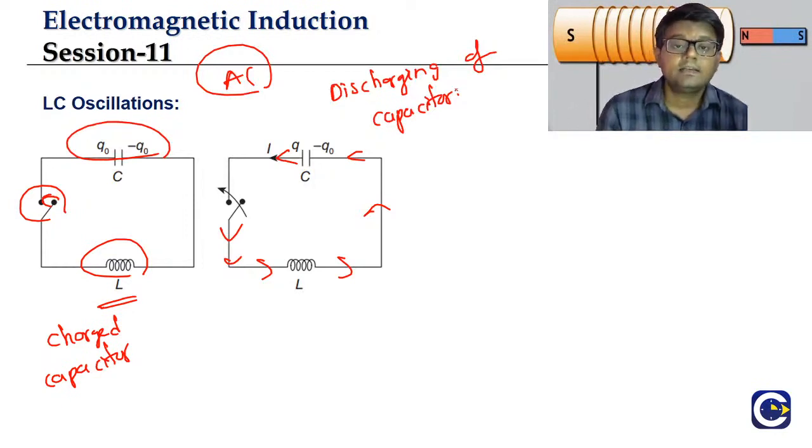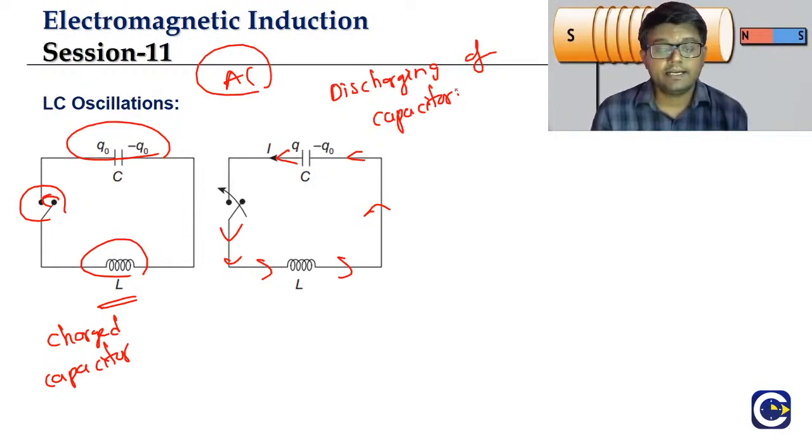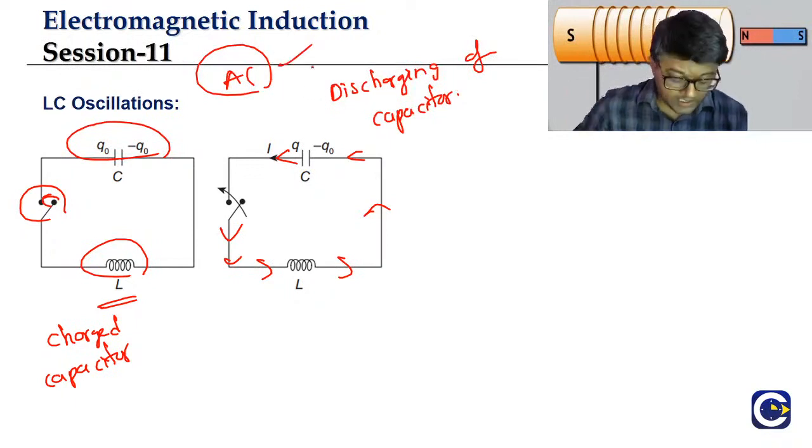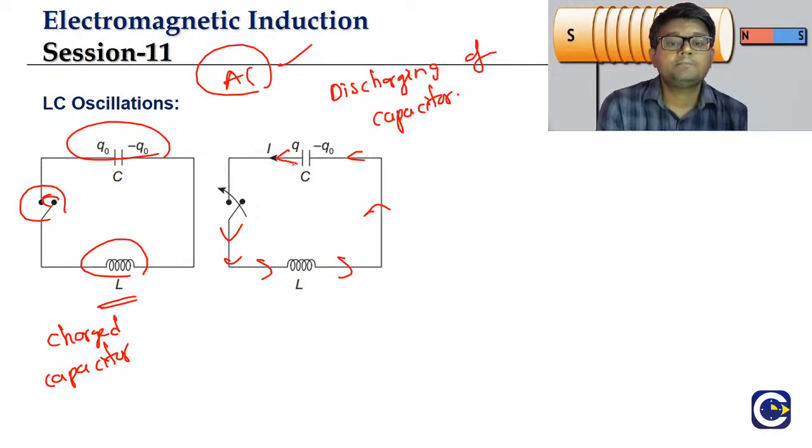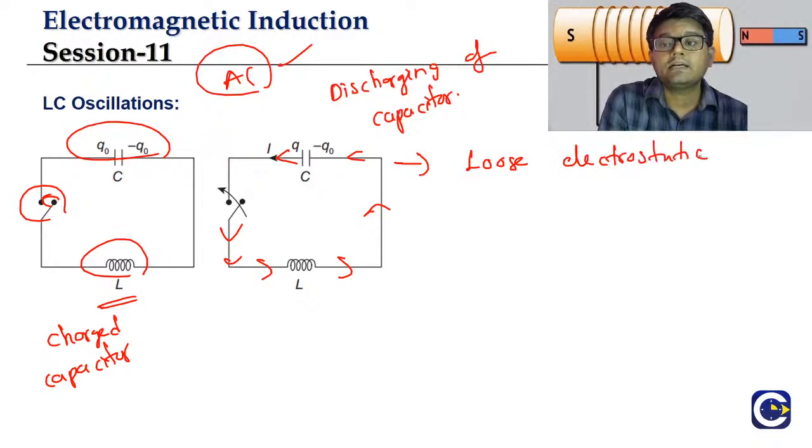As I said, the LC oscillations in total we'll be covering again in the alternating current chapter. So here what is going to happen? The capacitor is going to get discharged, meaning the capacitor is going to lose the electrostatic potential energy, isn't it?